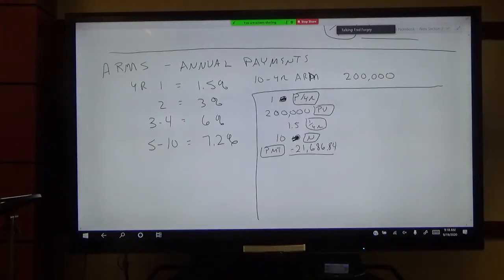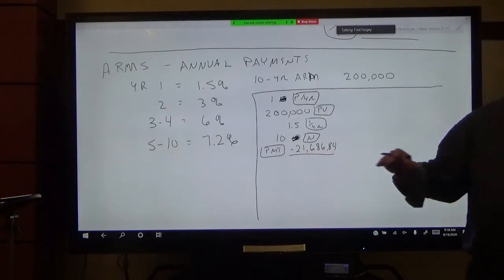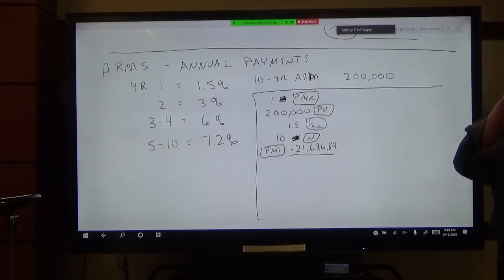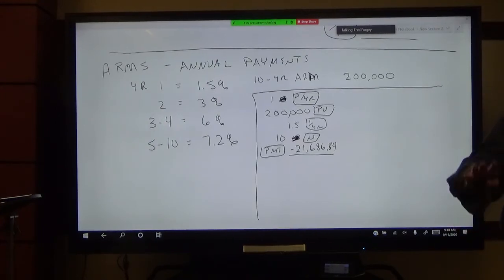Now, this next piece, while you've seen it sort of before, I'm going to work through it fairly quickly, and then I'm going to go back and try to explain what I did, okay? Try to see if you can do it on your own, because all you're going to be doing is basically changing the interest rate. You're going to find the balance, change the interest rate, find the new payment, find the new balance, change the interest rate, new payment, new term, and so forth.